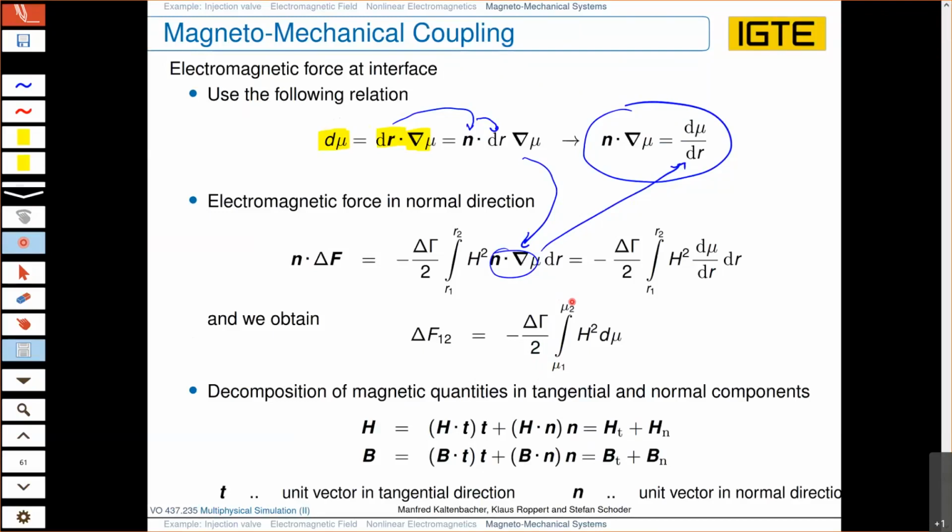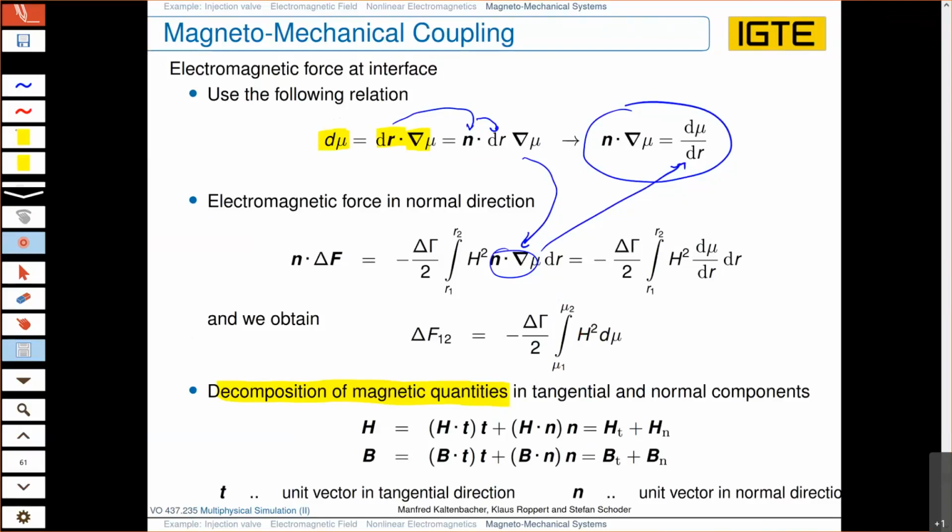Now, what we do is clearly a decomposition of the magnetic quantities, because it's not so easy to integrate here. As we see, we also have h squared, but when we integrate from mu1 to mu2, we know we have a continuity in the normal component of the magnetic flux density and the tangential component of the magnetic field intensity h.